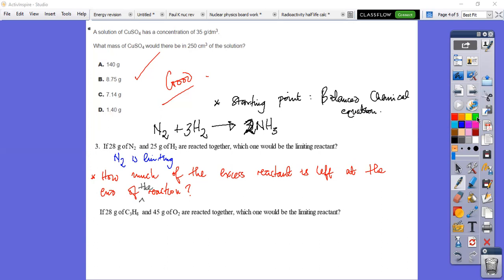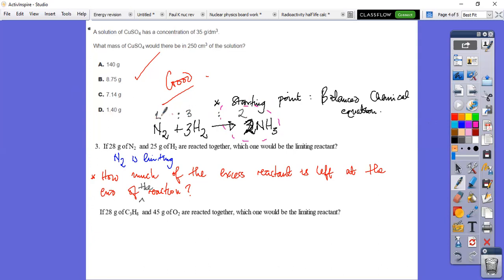So you've divided that by 3 there. So were you using ratio of moles or were you using ratio of masses? Moles. Okay, you're using ratio of moles. That's absolutely fine to use ratio of moles. So the ratio is 1 to 3 to 2. Again, like before, we're not really bothered about this here.